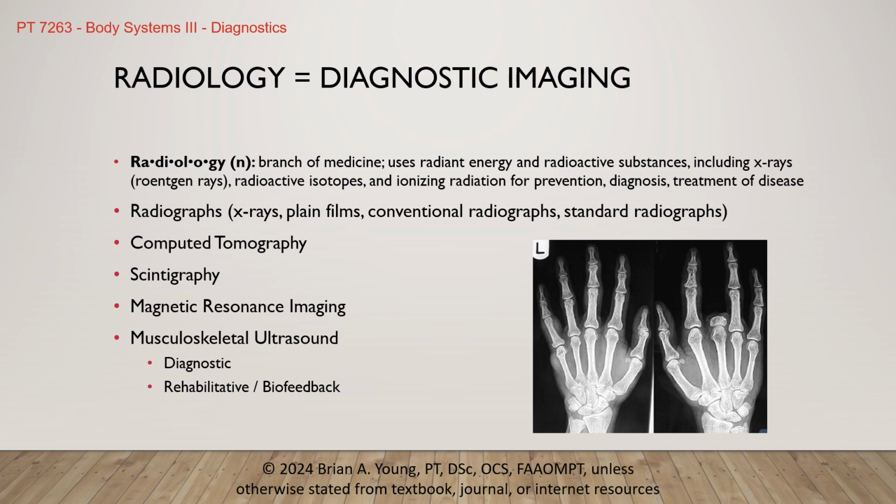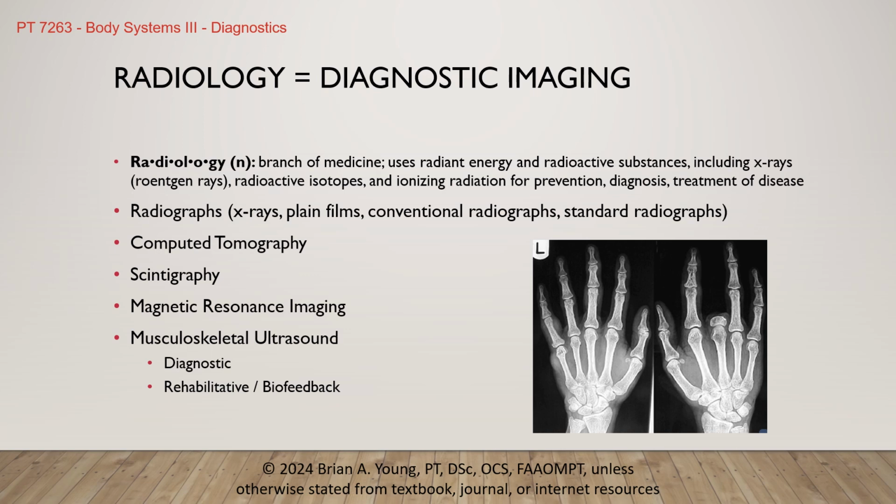You may see different names for different modalities of imaging. The first one could be radiographs, and these are often called plain films, X-rays, conventional or standard radiographs. They all mean the same thing, and they're the picture here at the bottom right, which is your hands that we would typically think of as X-rays.